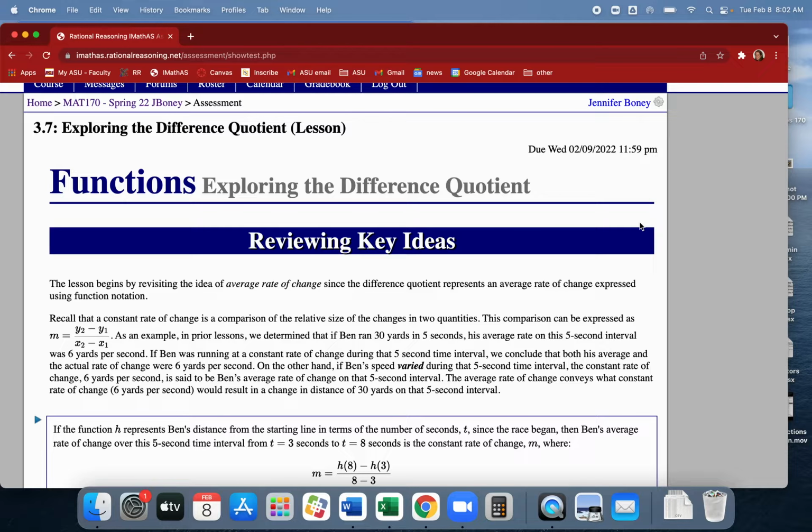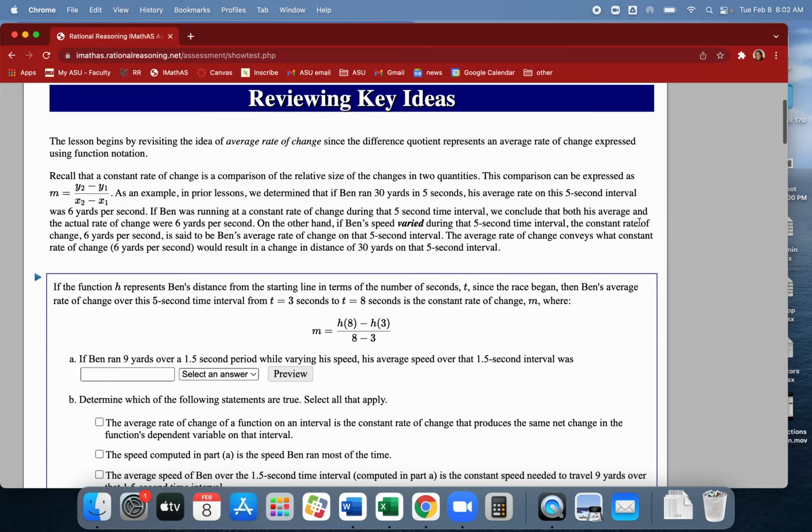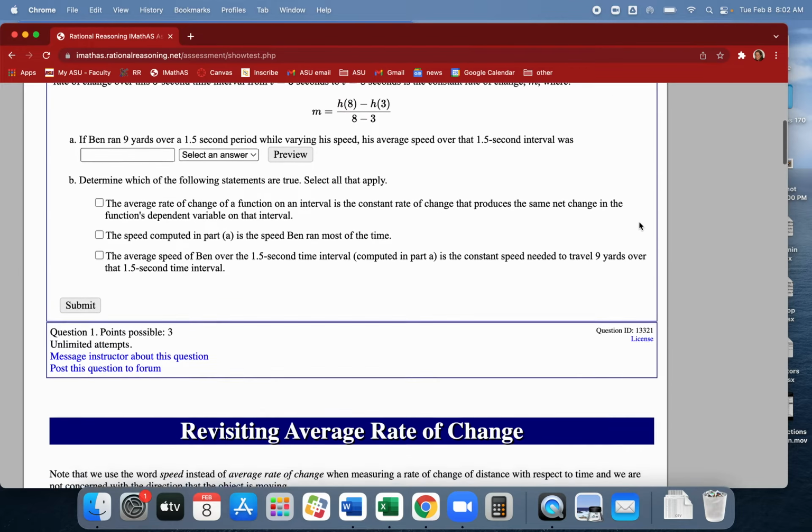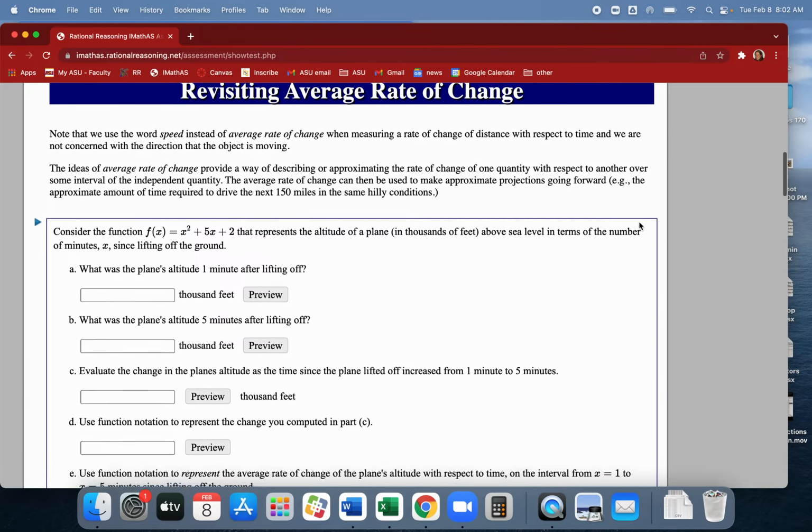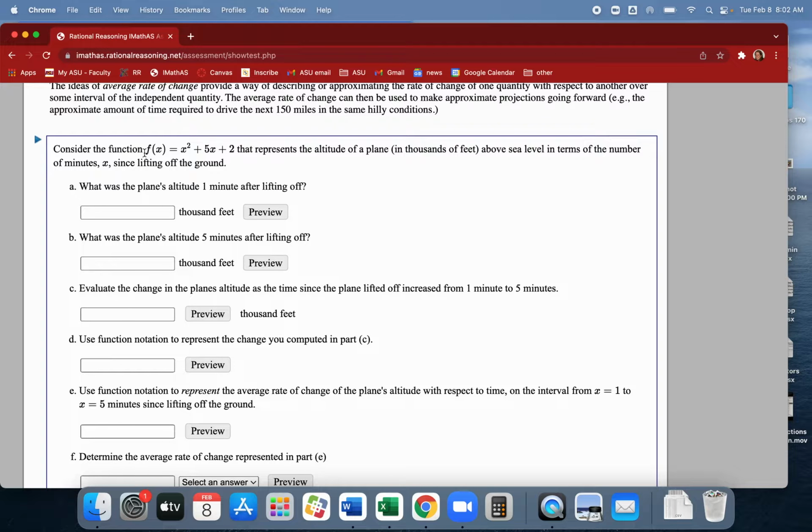So what I mean by that is, let's see. Suppose I have a function like this, f of x equals x squared plus 5x plus 2. That is not a straight line, correct? That's not something where I'd have the same slope between any 2 points.